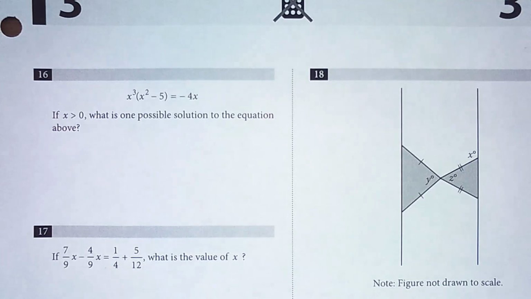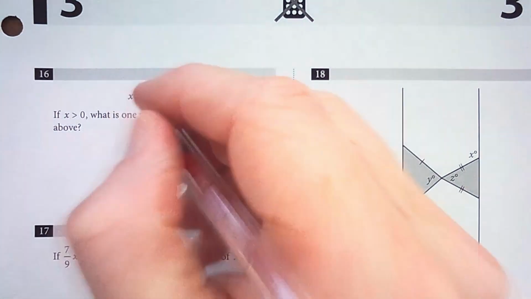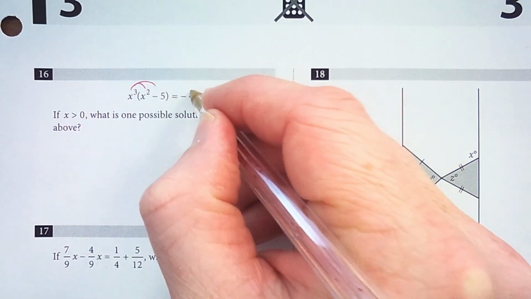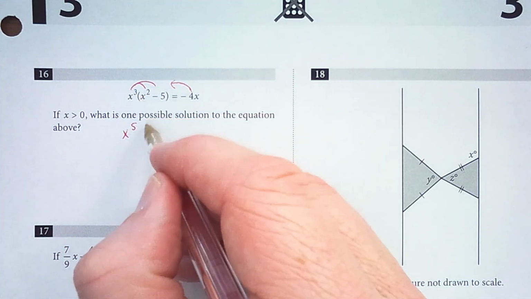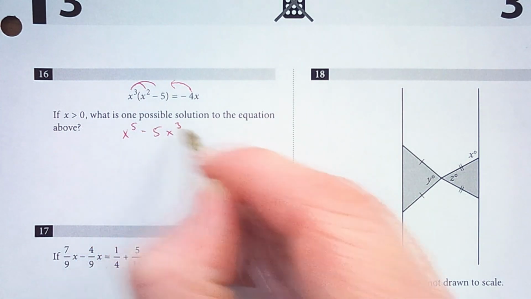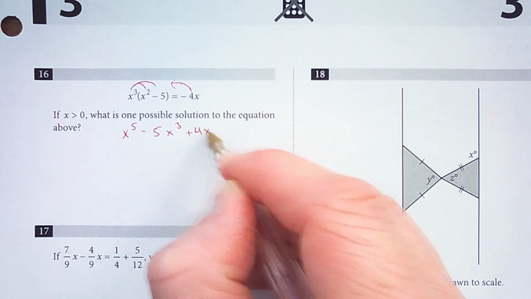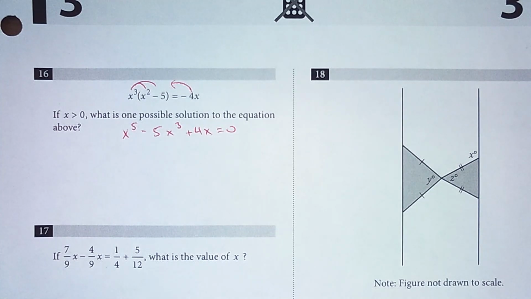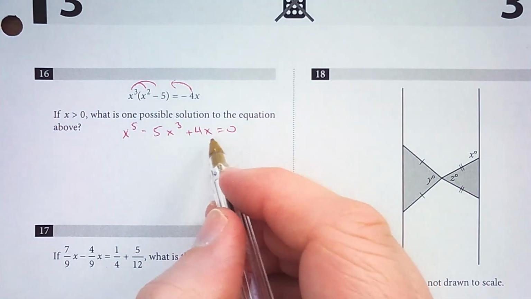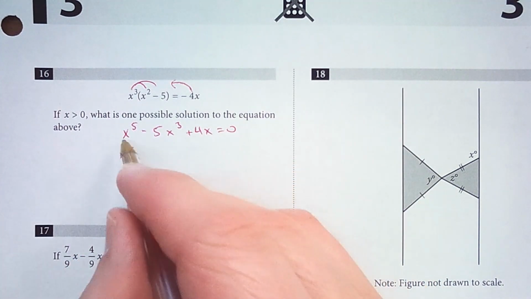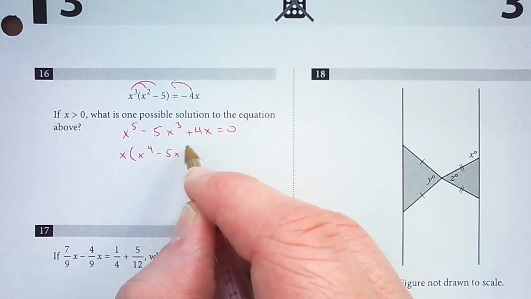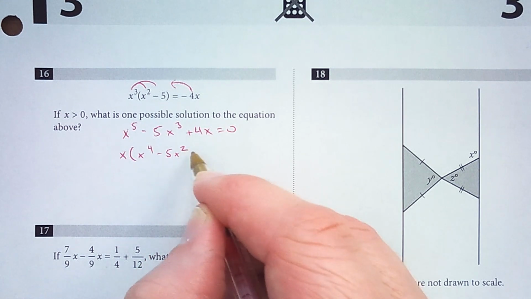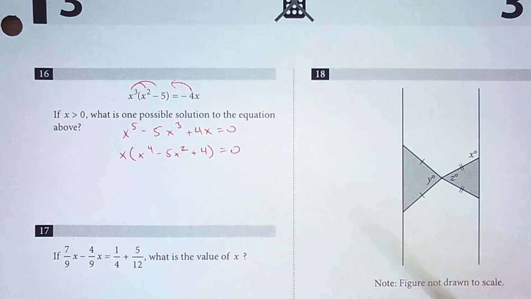All right, so in order to solve this equation, let's distribute this x cubed and let's move this over. So we'll have x to the 5th minus 5x cubed plus 4x equals 0. Okay, now we can factor an x out of this side. So we'll have x times x to the 4th minus 5x squared plus 4 equals 0.